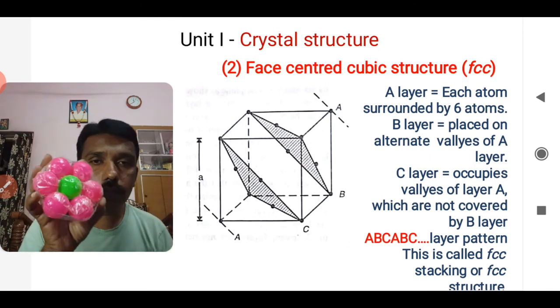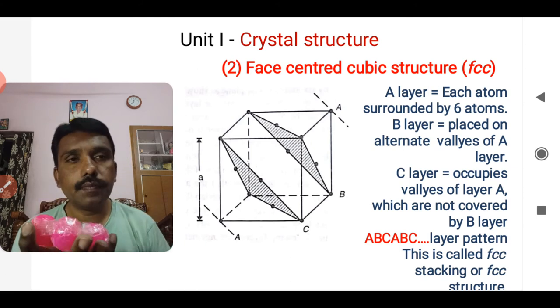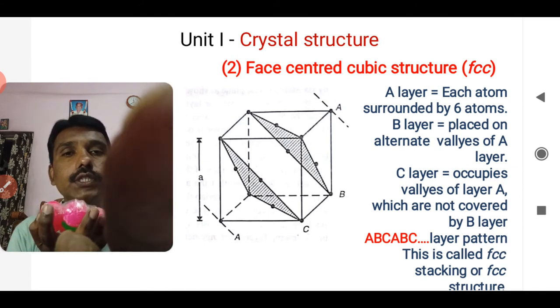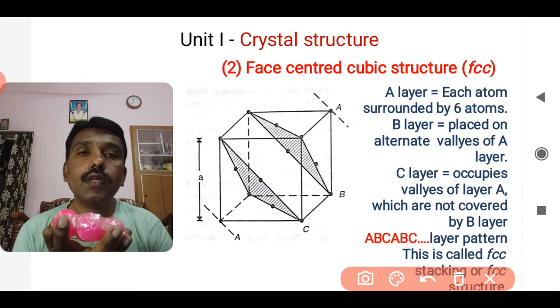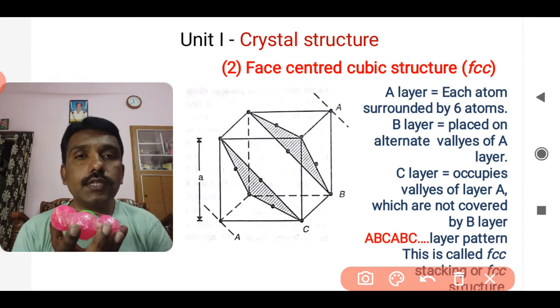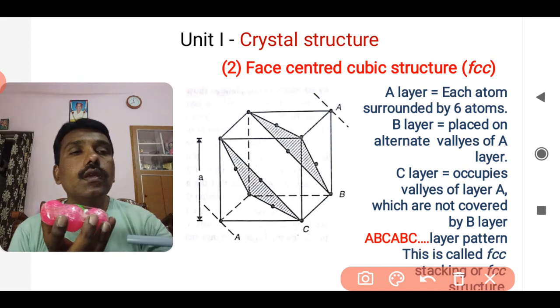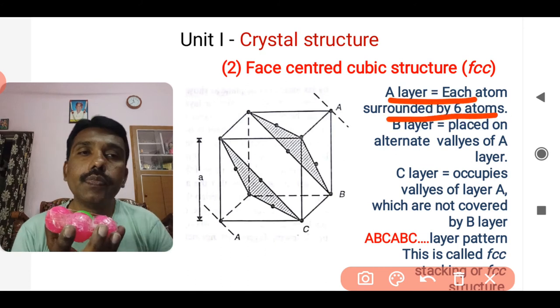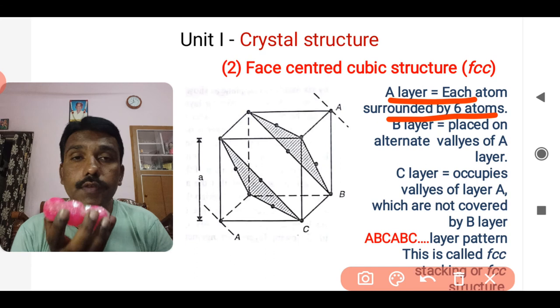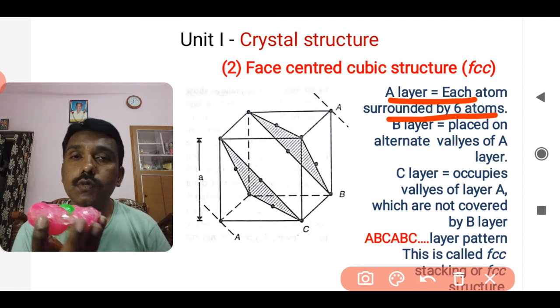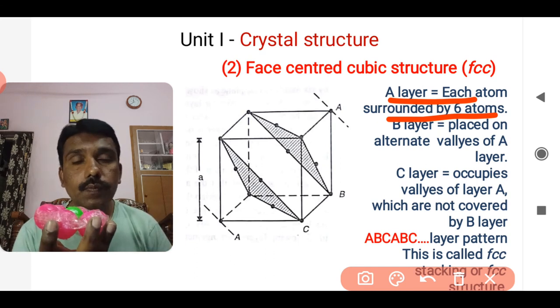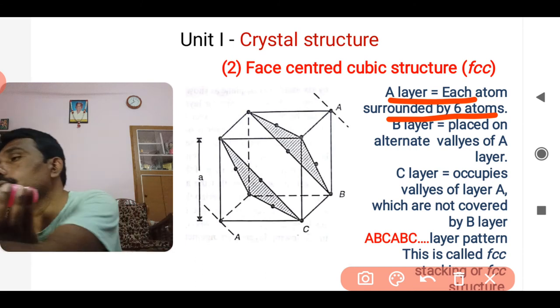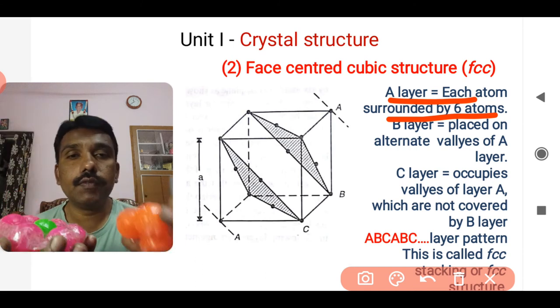It is the same A layer, with no change as far as FCC is concerned. That is similar to what you have seen in the HCP. The FCC's first layer has the same structure, but the second layer is given in this fashion.